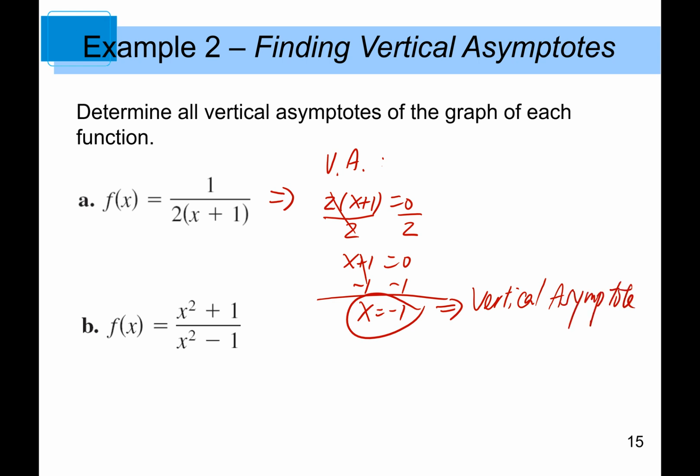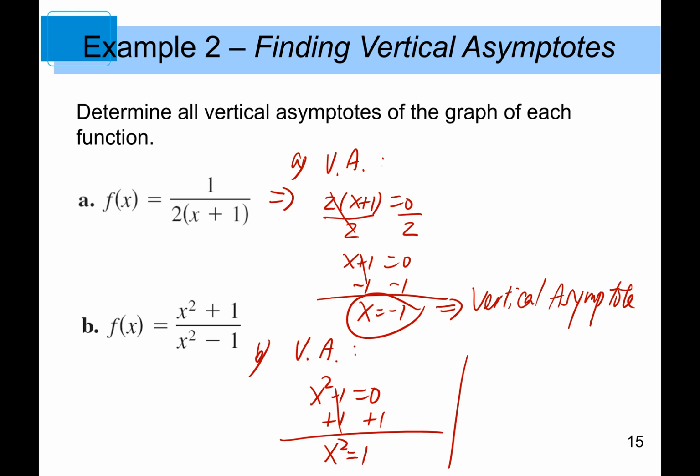And for b, similarly, in order to find the vertical asymptote, you set the denominator equal to 0. Add 1 to both sides of the equation, cancel that, x squared equals 1.